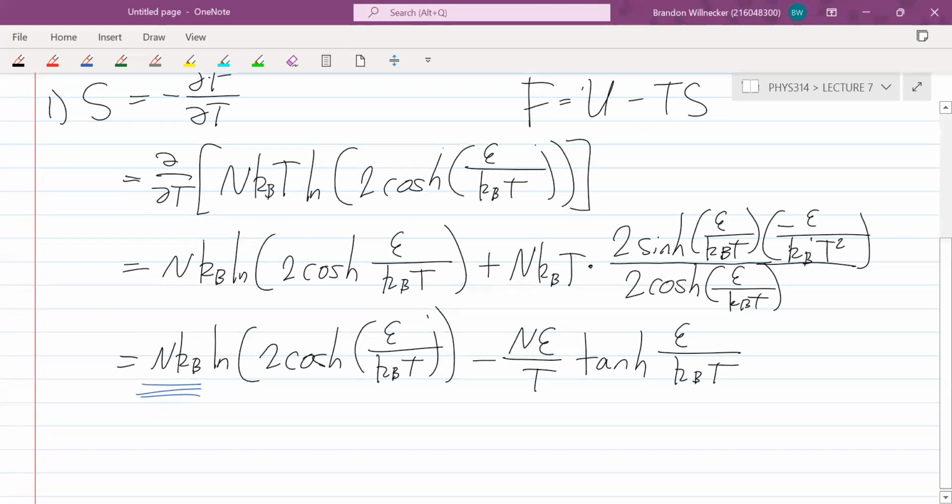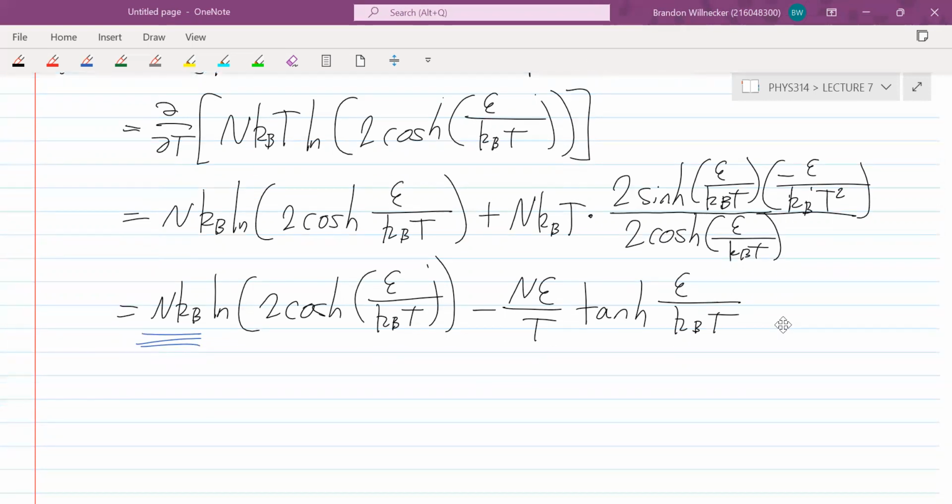Like I said, you can leave it like this, or we can rewrite this in a way that makes a bit more sense with regards to the units.